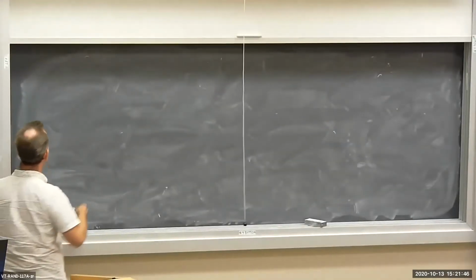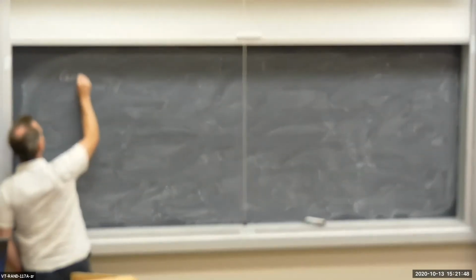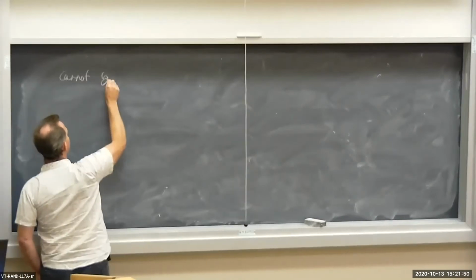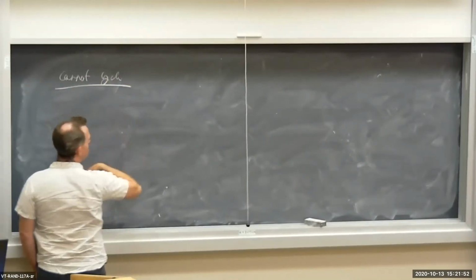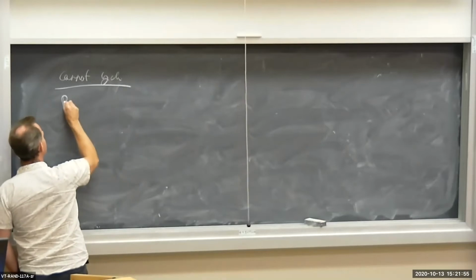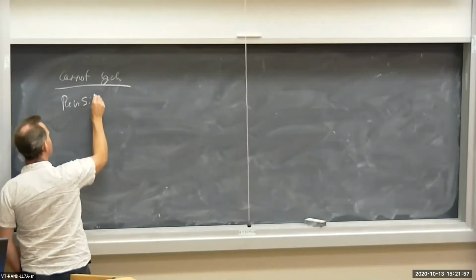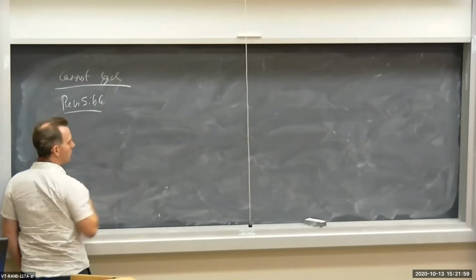So the Carnot cycle is reversible. And what does that mean?